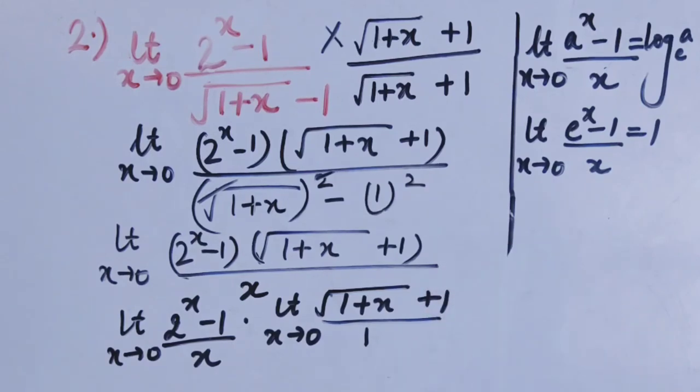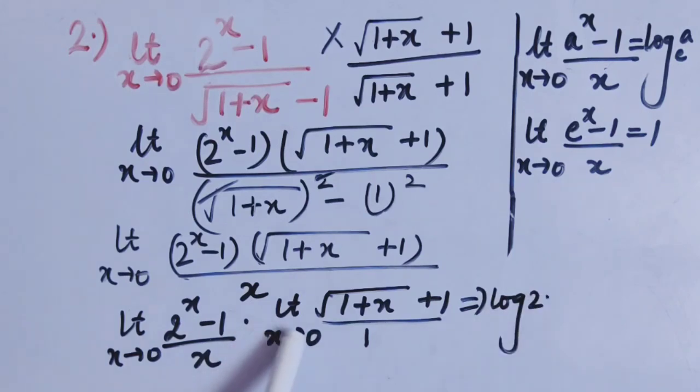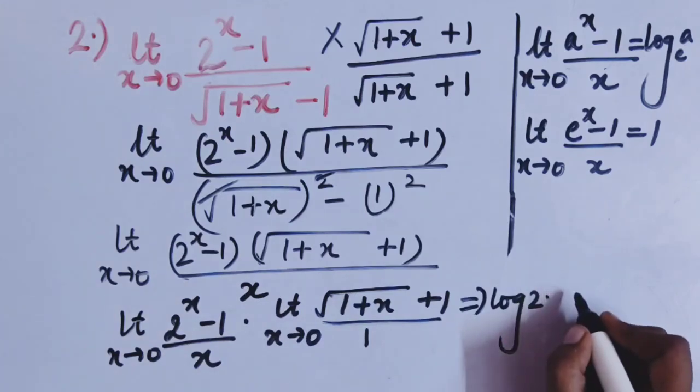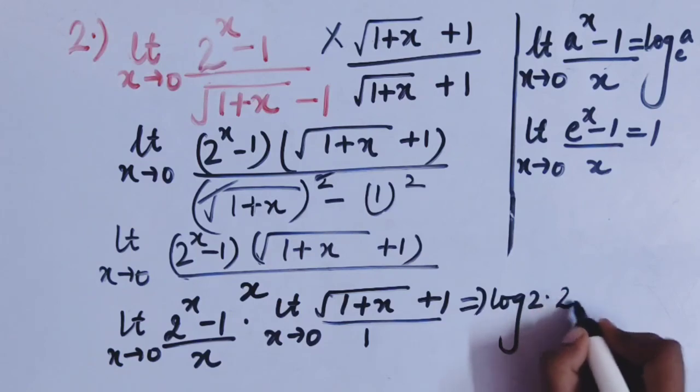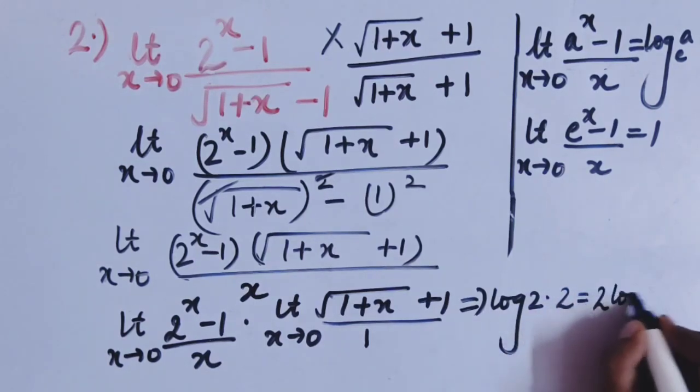We got log 2 into, when we put the value directly, under the root 1 plus 0 plus 1, that is under the root 1 plus 1, that is 2. So it means our answer will be equal to 2 log 2.